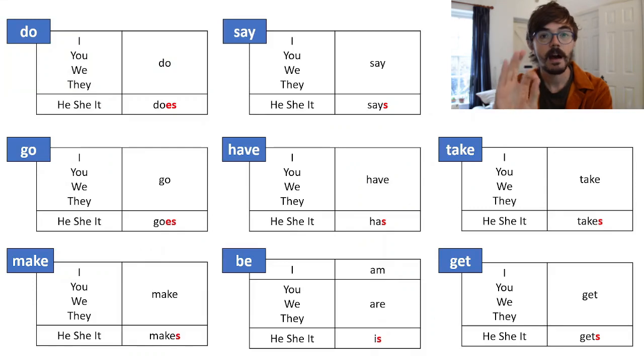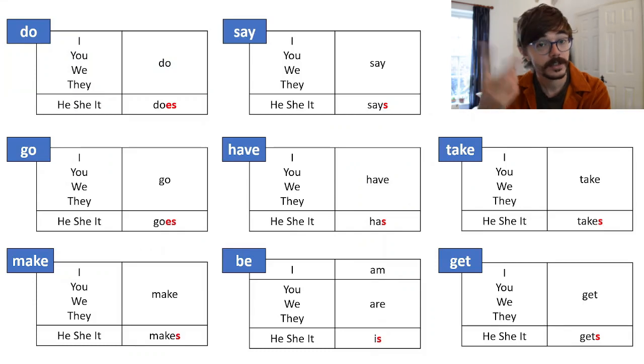We can see I do, you do, we do, they do. So they are all the same. Then he, she, it does. So that one's different. So 2 forms. The same with say. I say, you say, we say, they say. The only one that's different is he, she, it. He says, she says, it says.